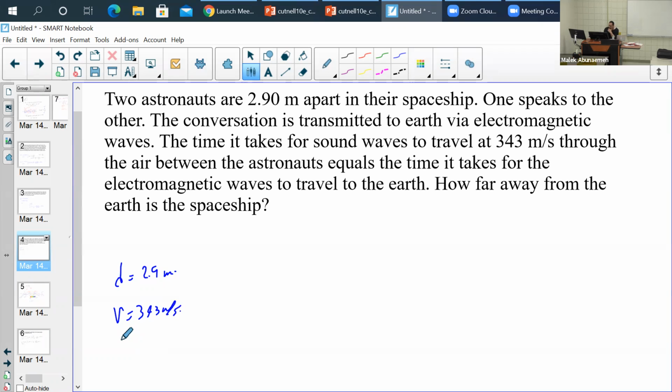How far away from the Earth is the spaceship? I'm going to call this the spaceship. Out of these two, your time is going to equal your distance over your velocity, which equals 2.9 divided by 343.